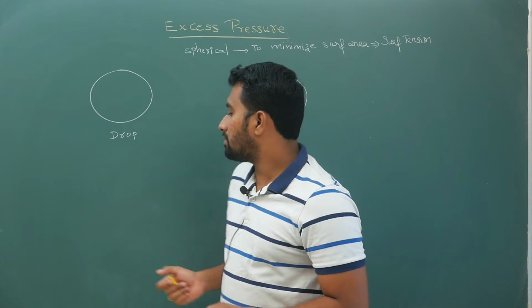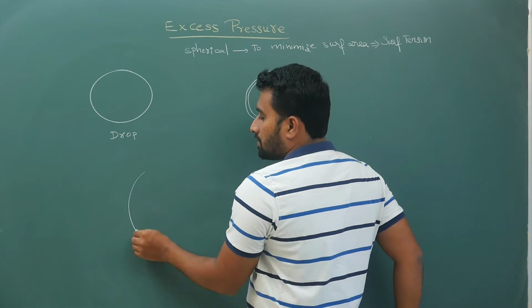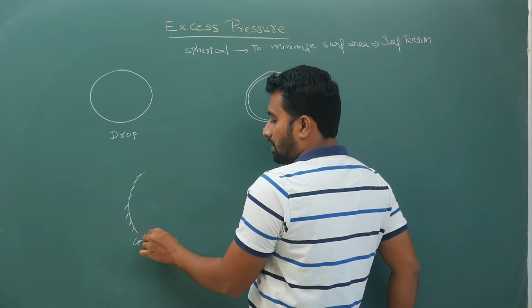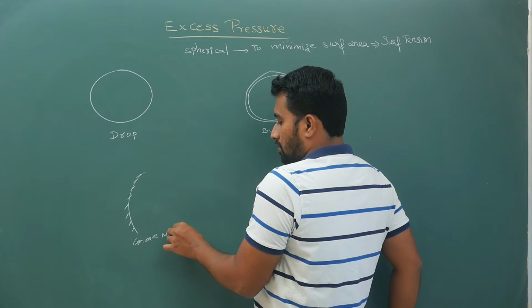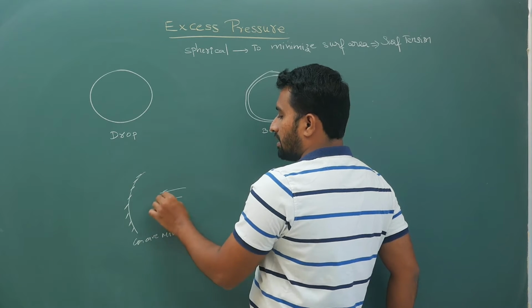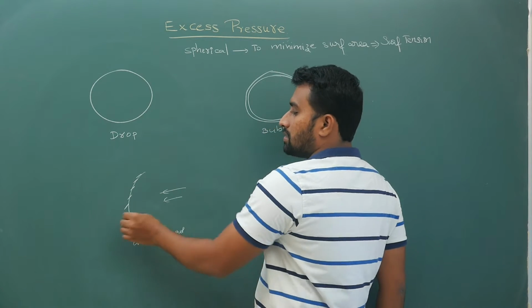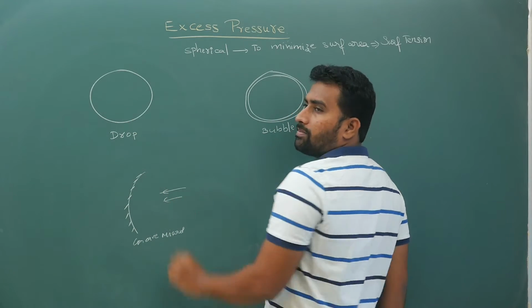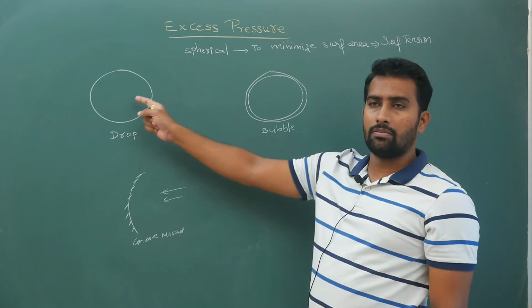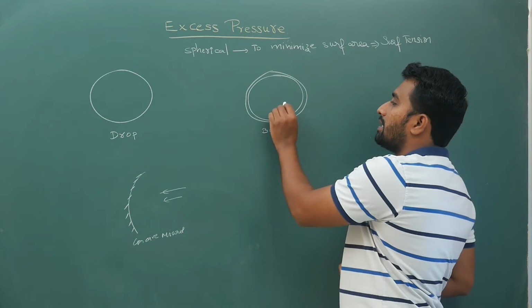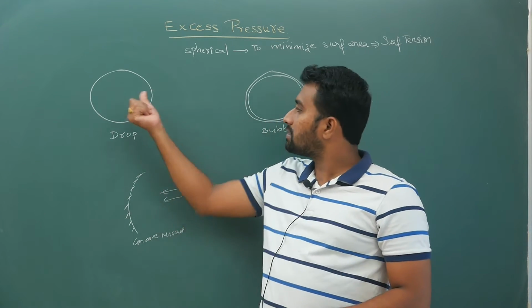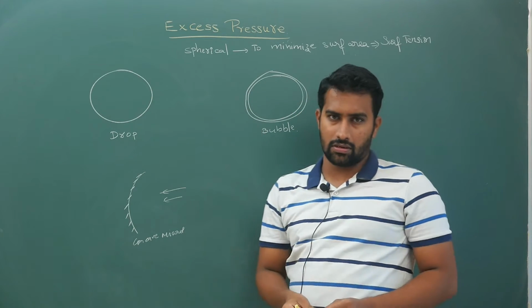If you have studied optics, you will call this side a concave mirror. Rays will come from this side, and this is your concavity. So this side is the concave part for this drop. For this bubble, this side is the concave part.